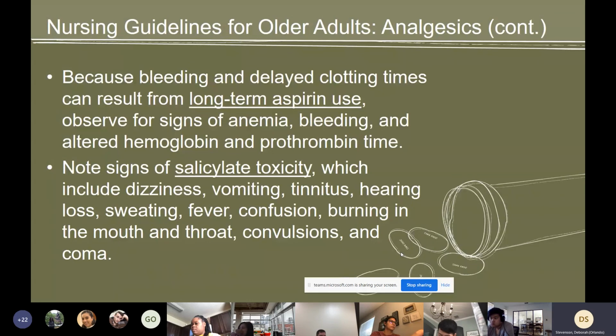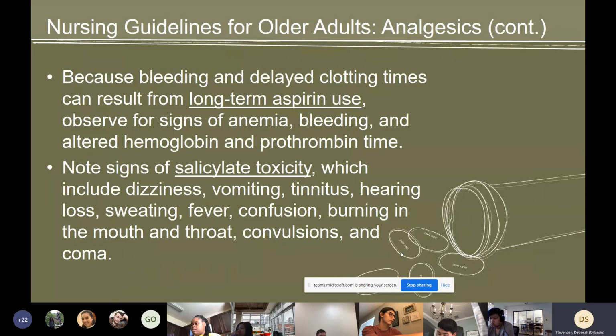Salicylic toxicity, you remember for aspirin, you need to know the signs and symptoms of that, which is dizziness, fever and vomiting, and ringing in the ears or tinnitus, burning in the mouth and throat, and even coma.